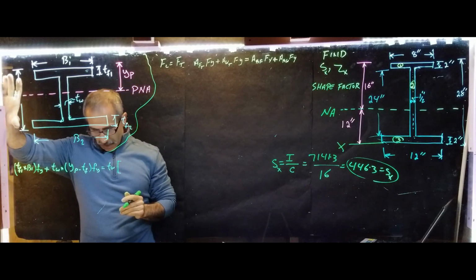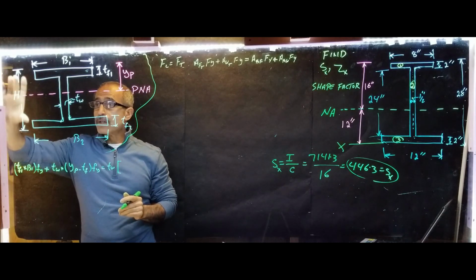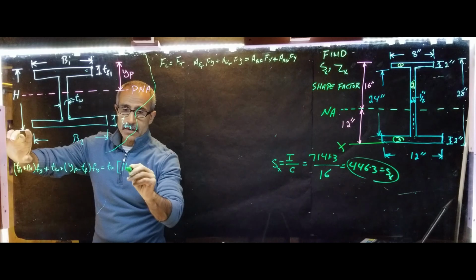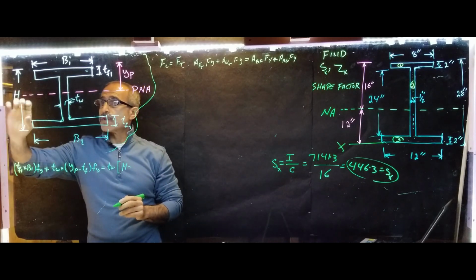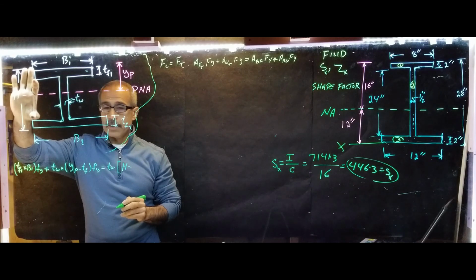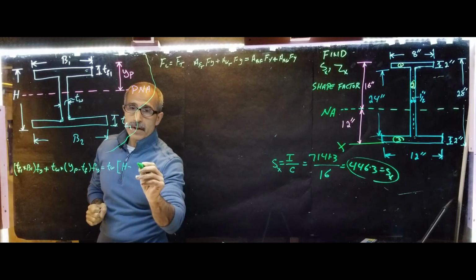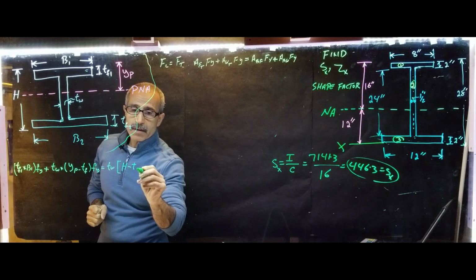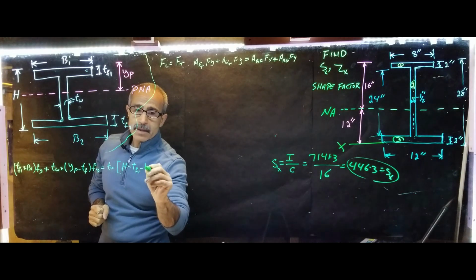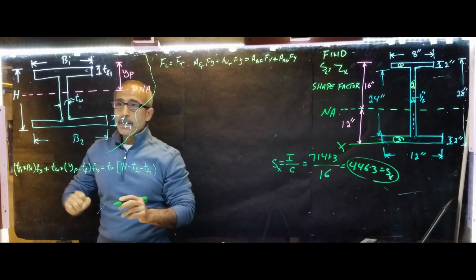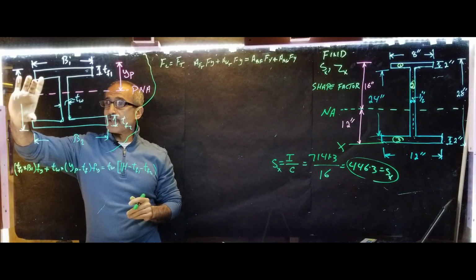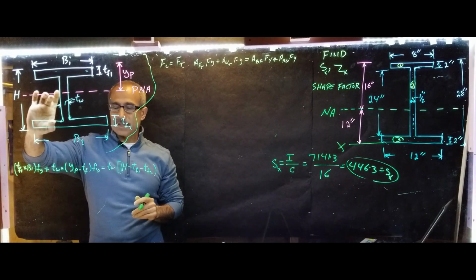Well, I know right here I got H, from here to here is H. So I say H minus, let's take out the thickness of both flanges, minus top flange TF1 minus TF2. So now I have this distance figured out, but I'm looking for this, so that's not going to help me.